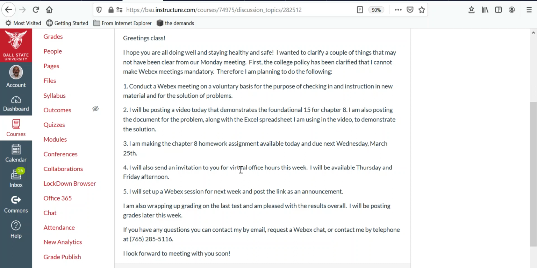There is a chat feature here in Canvas, but I received communication today that suggested it would be better to utilize WebEx because, with all of the university going online, this feature within Canvas may actually be overloaded at some point. So that's what I'm planning on, and I will have the information related to that later today as an announcement as well.